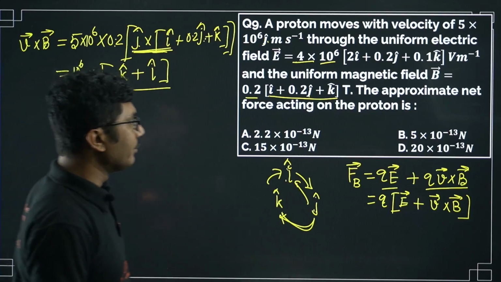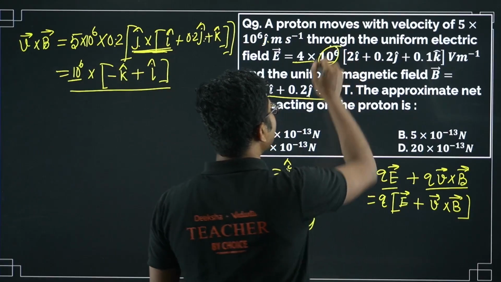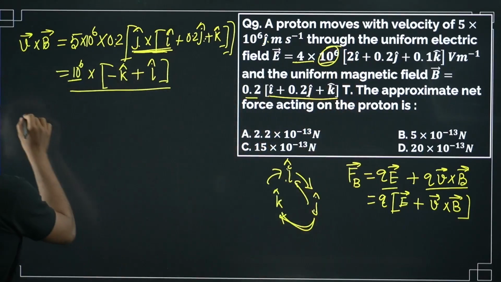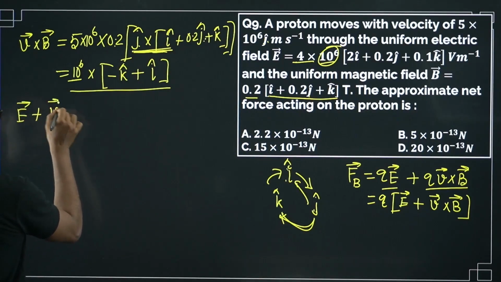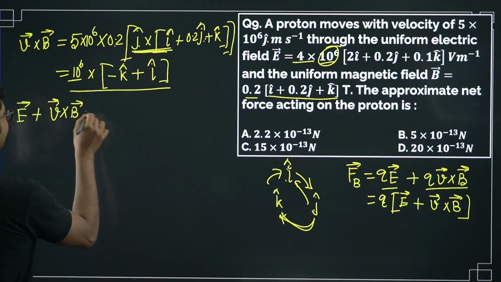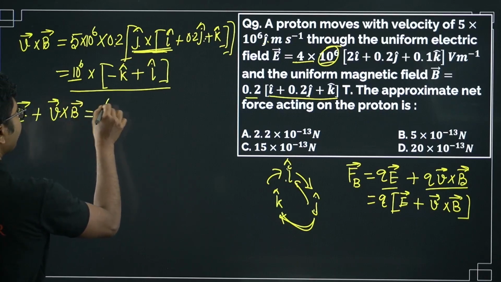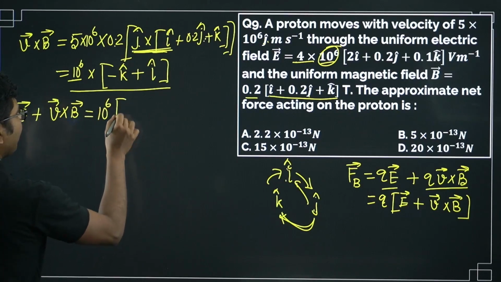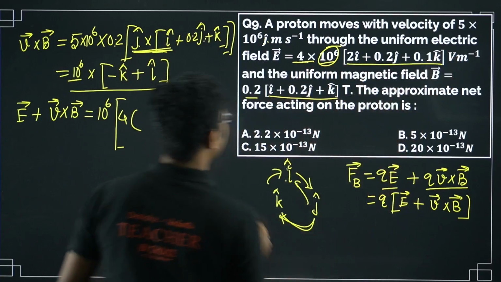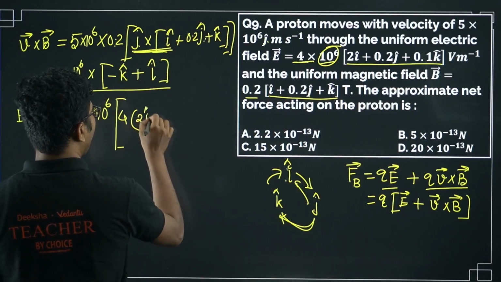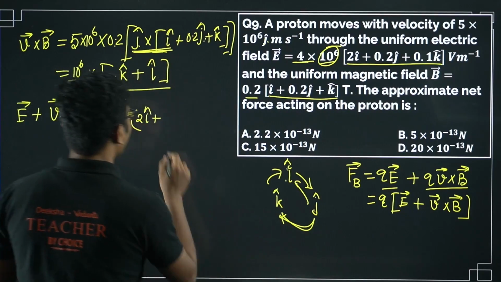So we will take the 10 to the power of 6 as common. So E plus V cross B means we will take 10 to the power of 6 common, and in bracket we will write 4 into this entire thing, 2I cap plus 0.2 j cap.